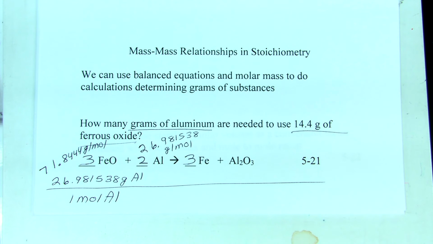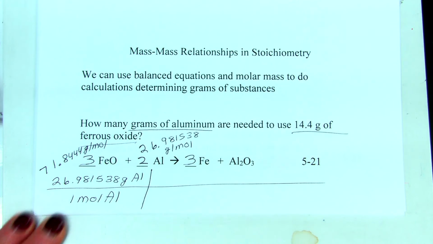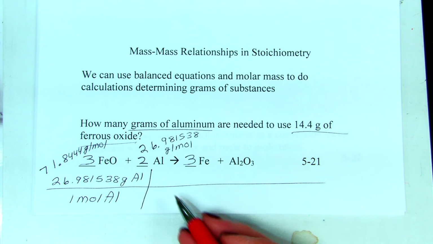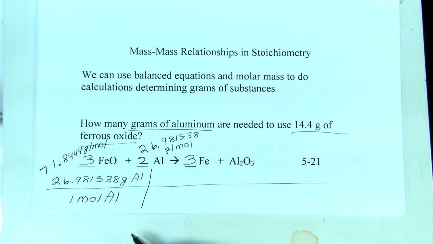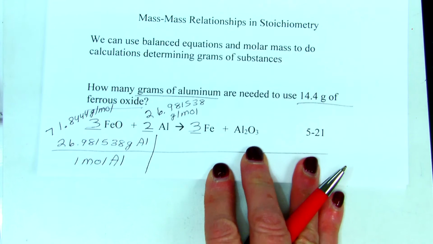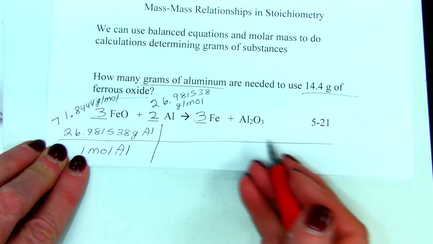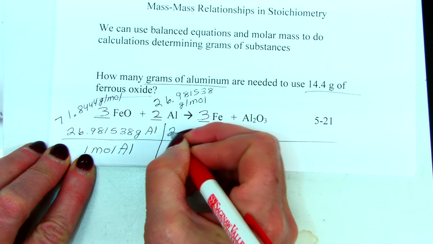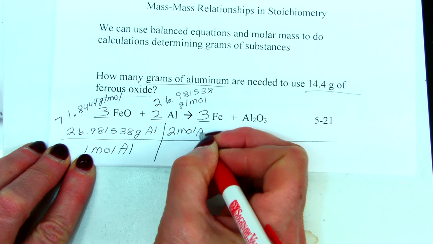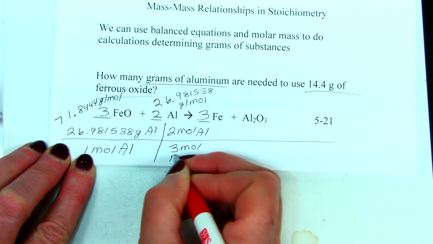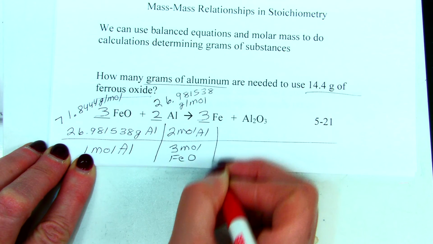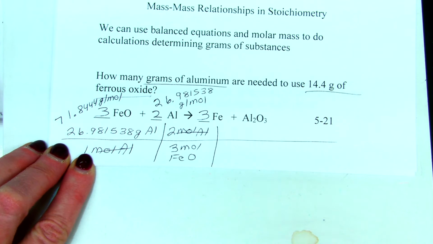Now I need to get rid of moles of aluminum. So when I think about what information I have, I can look at the mole-to-mole ratio of the aluminum and the ferrous oxide. So from my balanced equation, 2 moles of aluminum uses 3 moles of ferrous oxide. So I've canceled my moles of aluminum.